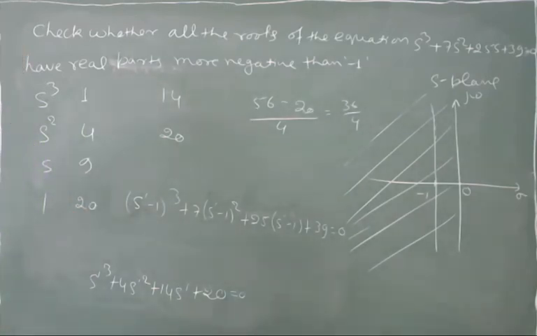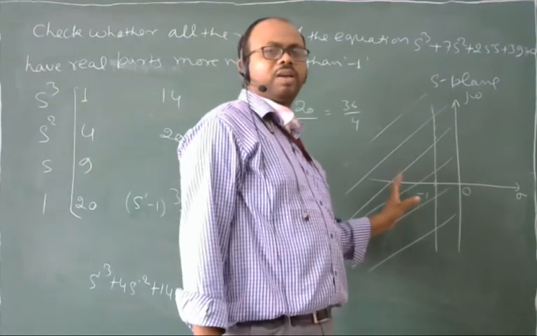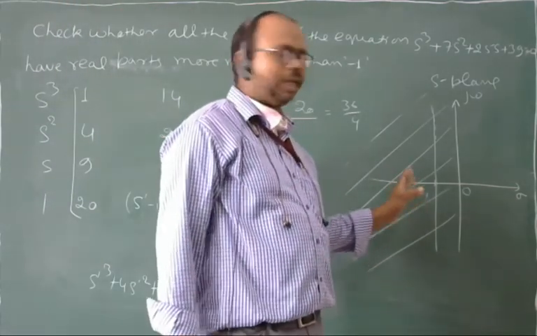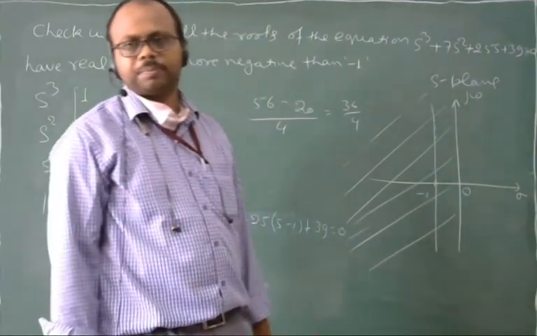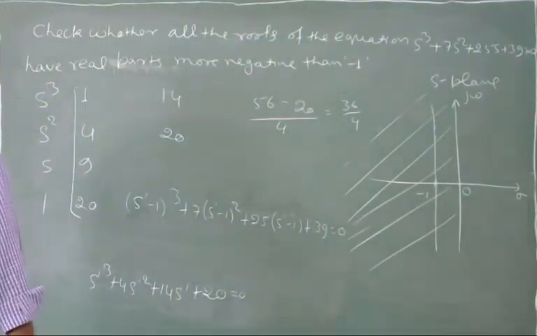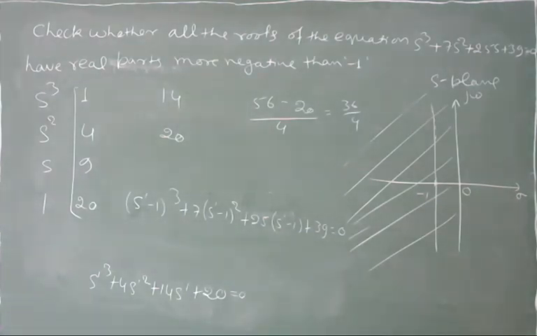And we can see that again there is no sign change in the first column of the Routh table, and therefore all the roots have real parts more negative than this origin, meaning more negative than minus 1.